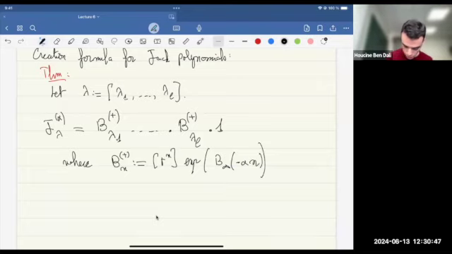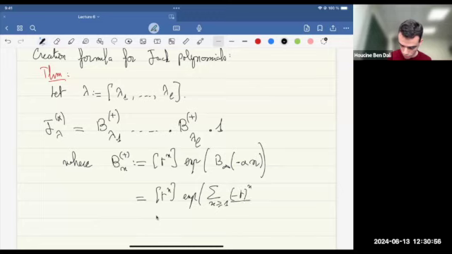This is the same thing as the coefficient of t to the power n in the exponential of the sum over, let's say, k, of minus t to the power k divided by k, of b_k in P_n minus alpha n.